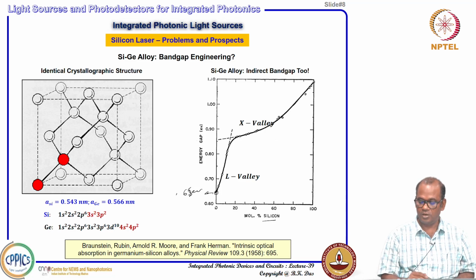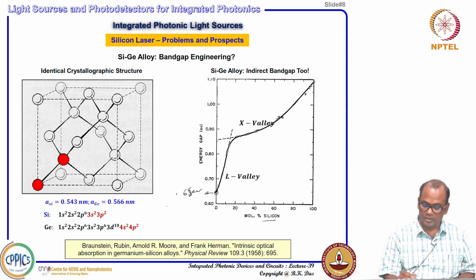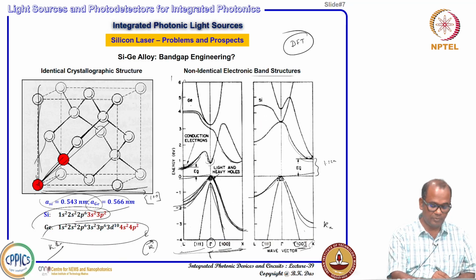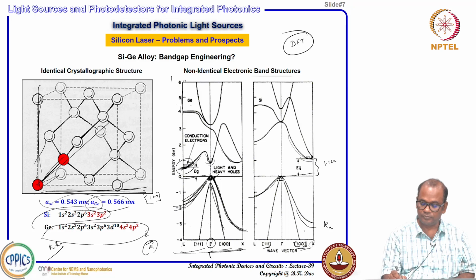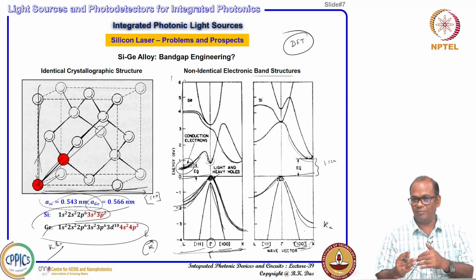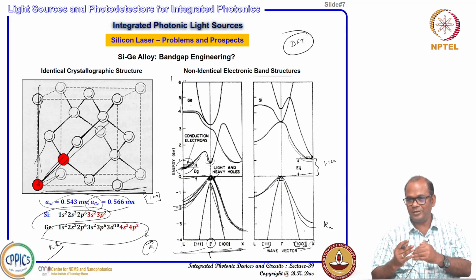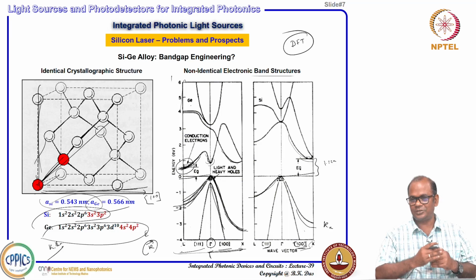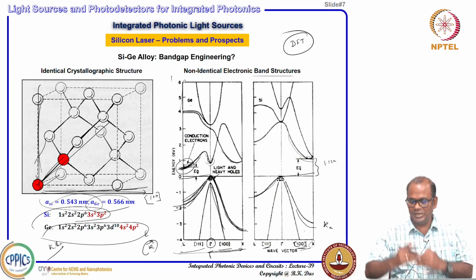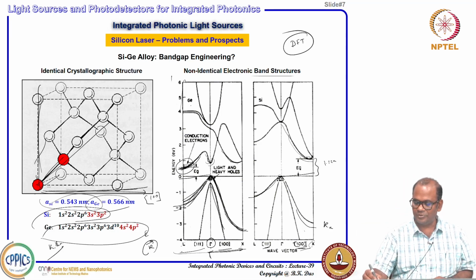initially starting from 0, your band gap is 0.65 electron volt. Now, as you keep on increasing silicon content more and more, the alloy slowly moves from germanium properties to silicon-dominating properties. Silicon-dominating property, maybe it will come to this value, the X value.